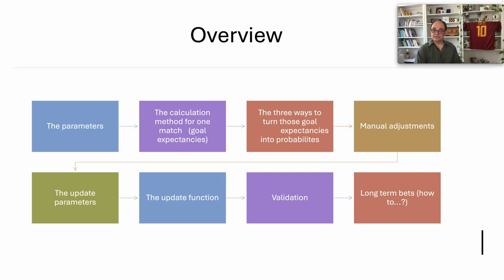Then there needs to be the possibility for manual adjustments, because engines can do an excellent job and do exactly what you tell them, but sometimes you need a chance to manually adjust things. This is maybe not purely mathematical, but you will see if there's a difference between expected and should, you sometimes need to intervene as a human. Then the update parameters, the update function itself, the validation of this whole thing, and long-term bets. I was just introducing how to do this.